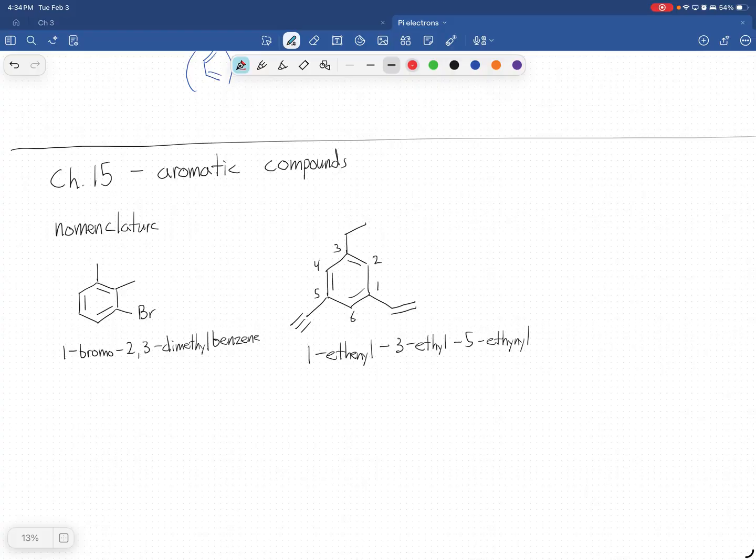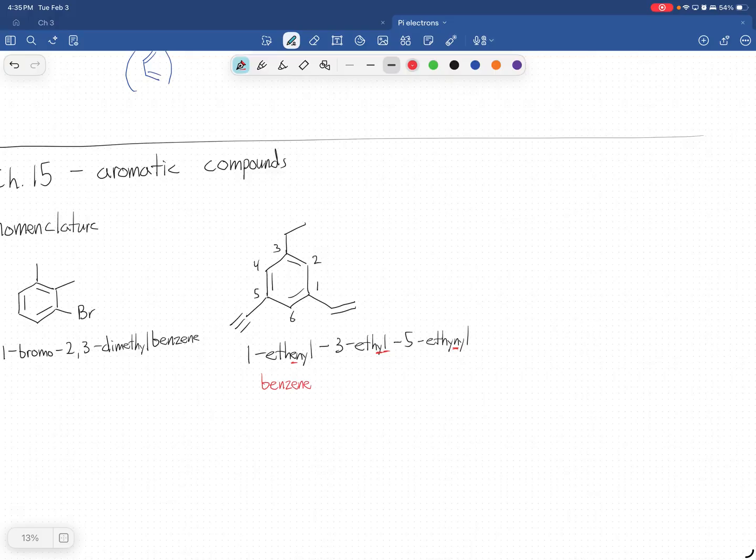If we compare the alphabet here, we have ethenyl, then ethyl, and ethynyl. There's an N versus an L, so that's why ethyl comes first. So in this part, it's purely alphabetical. Benzene takes precedence, but now it's based on the alphabet of the substituents, as long as it's not an alcohol. And the parent name at the end is still benzene.